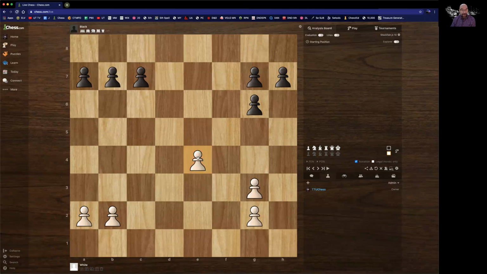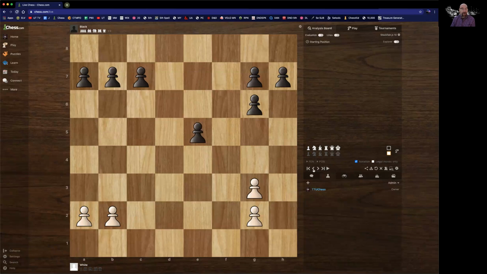Because it is isolated, it makes for a great target. Because it is passed, it poses a very big threat to eventually become promoted. And the reason for that, of course, is there are no pawns to stop it. Let me just give you a quick example. Now, if white wants to try and move this pawn down the board, black just takes it.